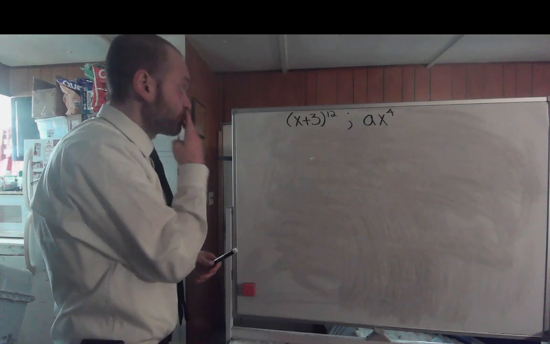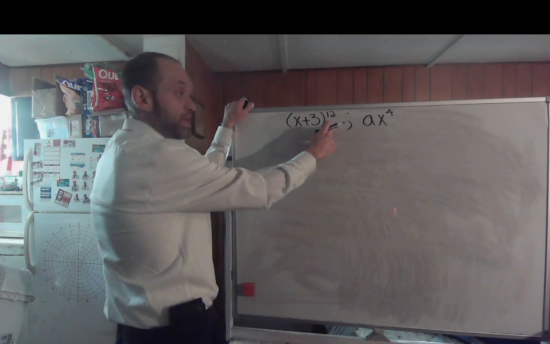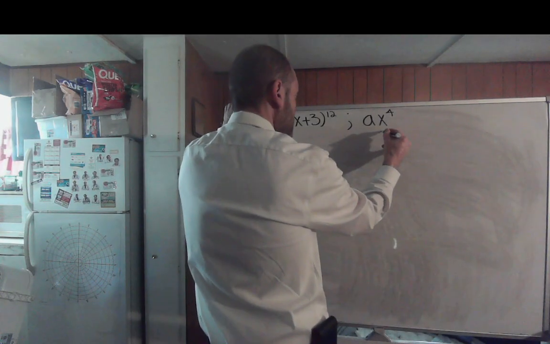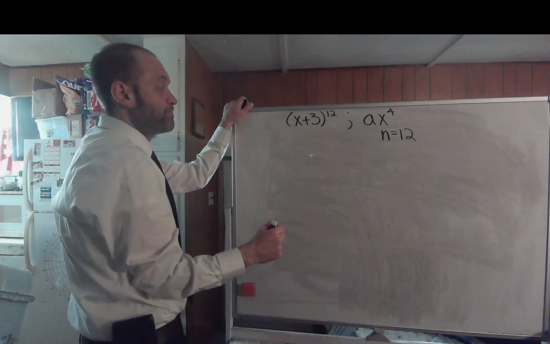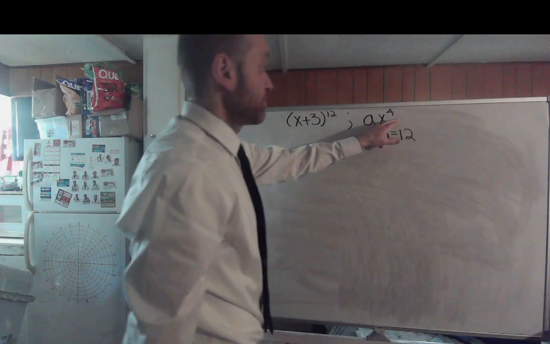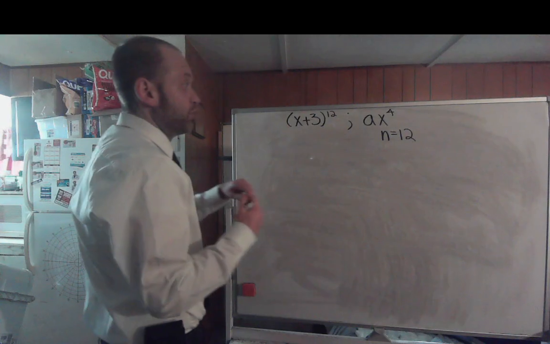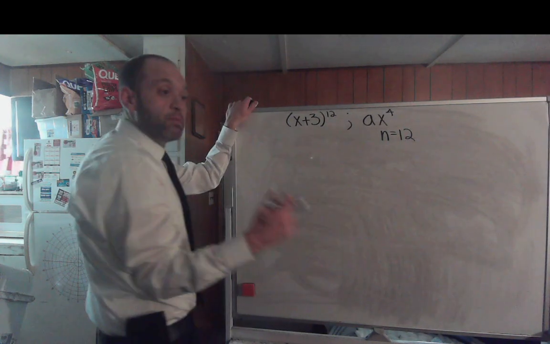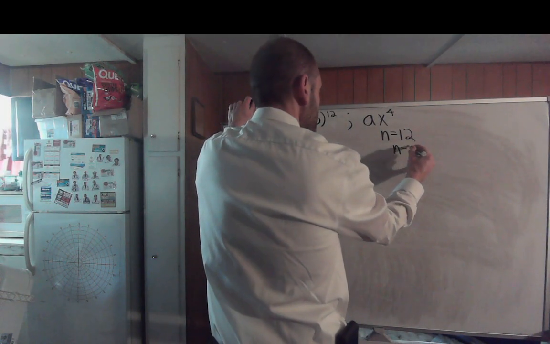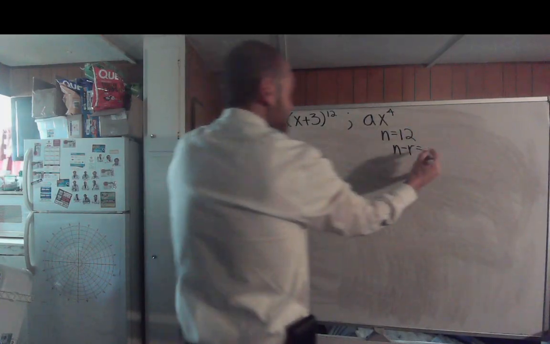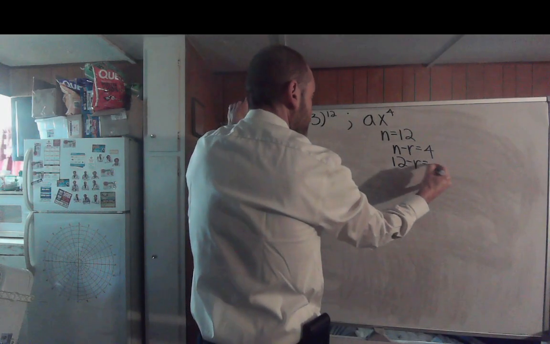Well, what do we know here? We know for sure that n is 12, right? N equals 12, so you always start out with your n. Now, since x is really your first term of the binomial, it's always raised to the n minus r power, right? Well, we know that n minus r equals that 4, which means that 12 minus r equals 4.